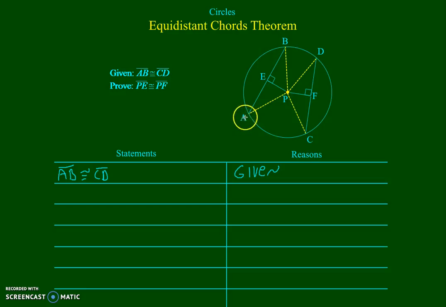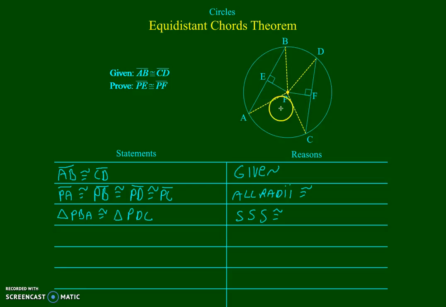So let's begin, and we will write down our given and draw in some auxiliary lines. Here I've drawn in AP, PB, PD, and PC. Since those are all radii, we can write that they're all congruent. We were given AB is congruent to DC, so these two big triangles, triangle PBA and PDC, are congruent by side-side-side congruence.